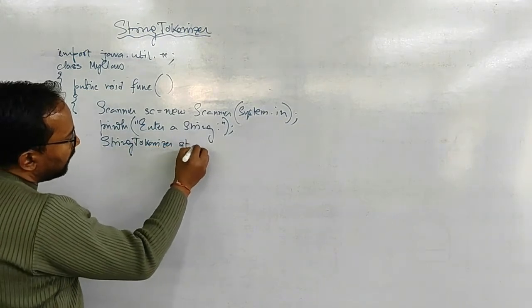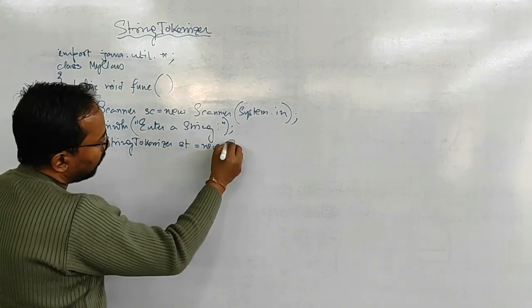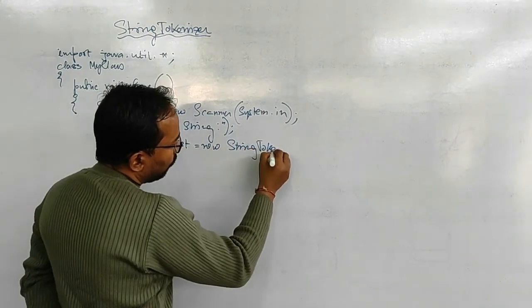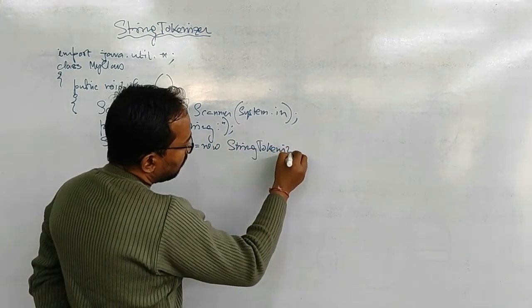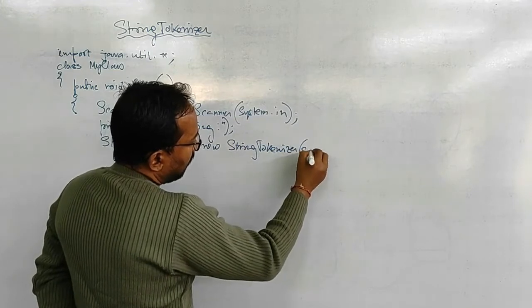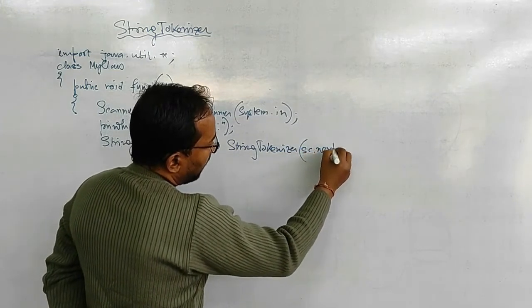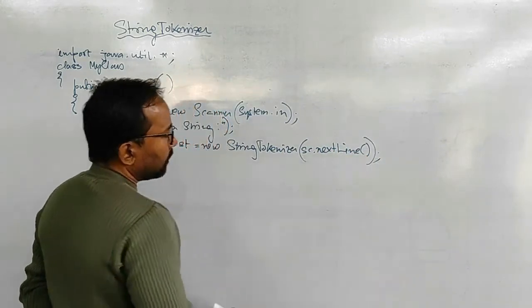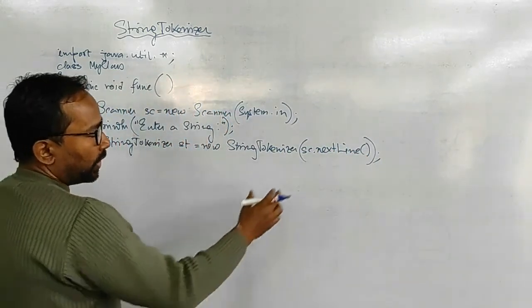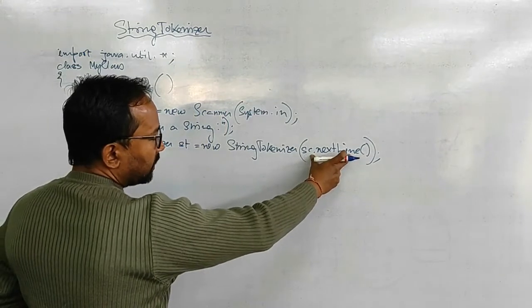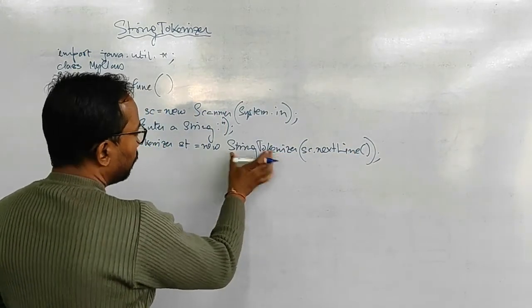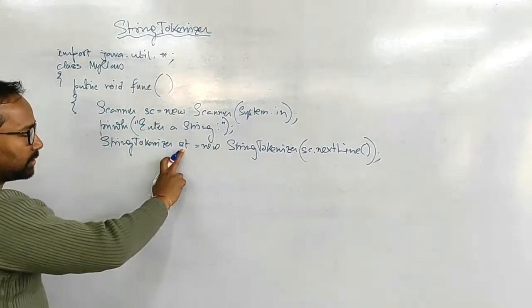StringTokenizer st equal to new StringTokenizer, here sc.nextLine() for a multi-word string. So the multi-word string we are taking here will be taken as the parameter for the StringTokenizer constructor to create the object of this StringTokenizer.